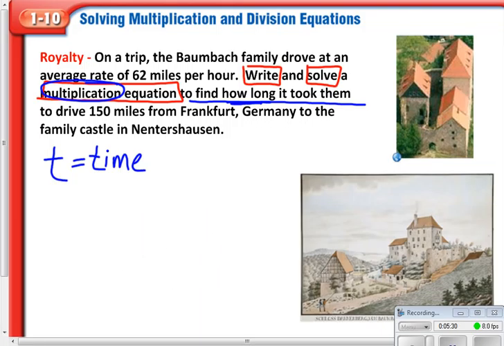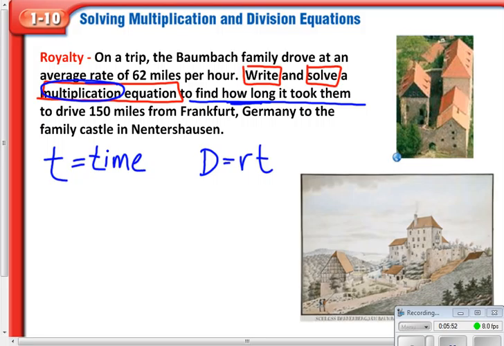In order to do this, you may have heard of the equation distance equals rate times time. Your distance, d, equals your rate, meaning your speed, times your time. Your rate times your time would give you your distance.